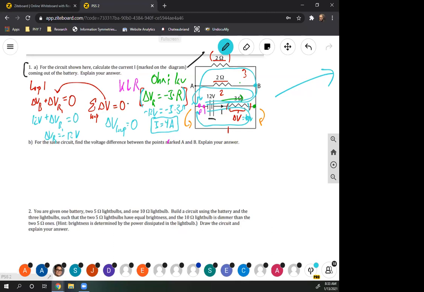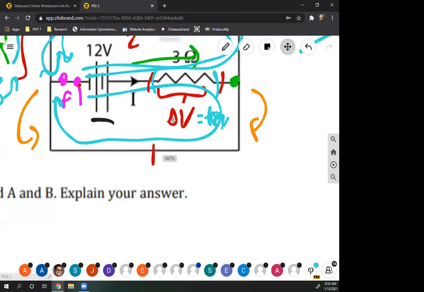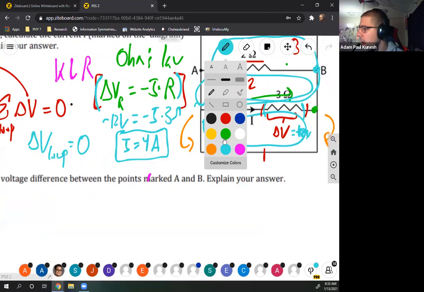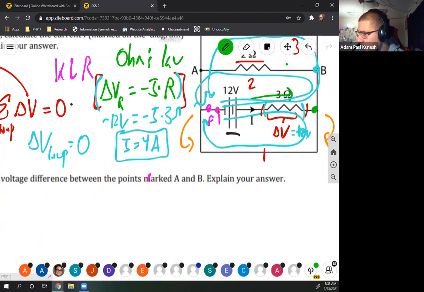Just a quick question. That's supposed to be negative 12 volts equals negative current times 3 ohms. Yeah, 3 little omegas. Negative current times 3 ohms. So the 3 ohms here is the resistance of our resistor.